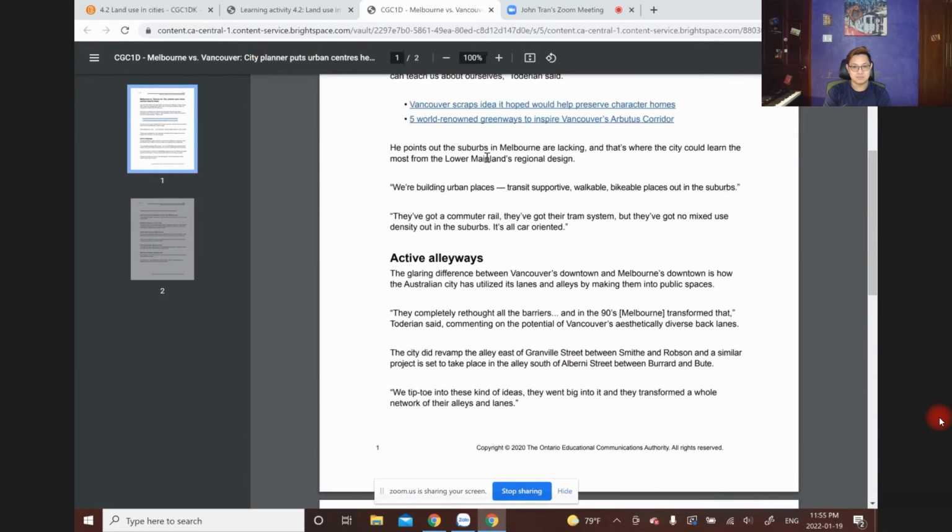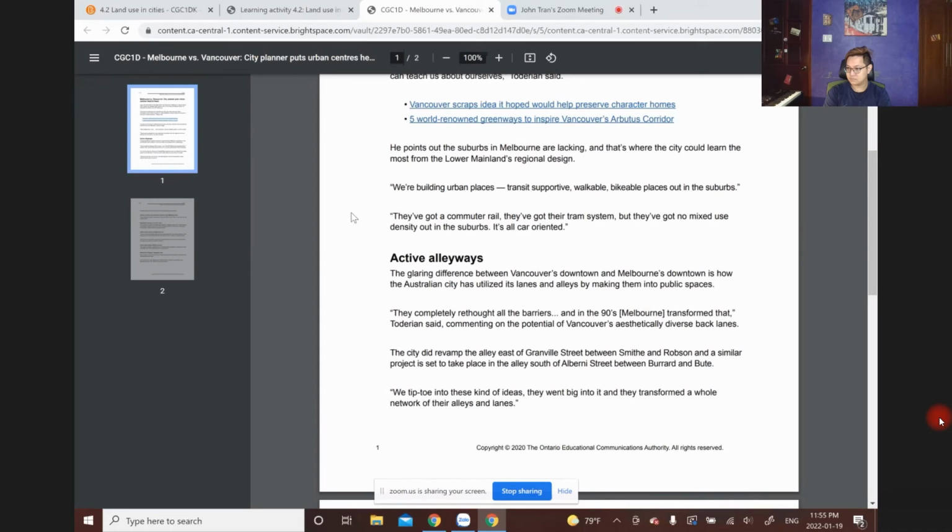You pointed out that the suburbs of Melbourne are lacking, and that's where the city could learn the most from the Lower Mainland regional design.